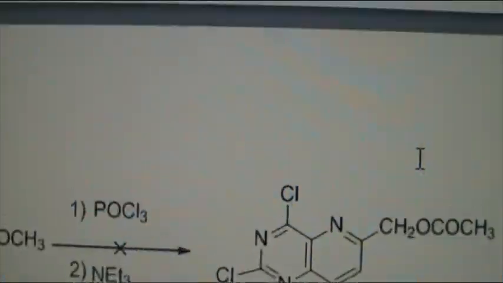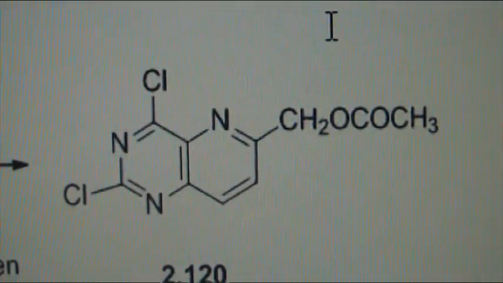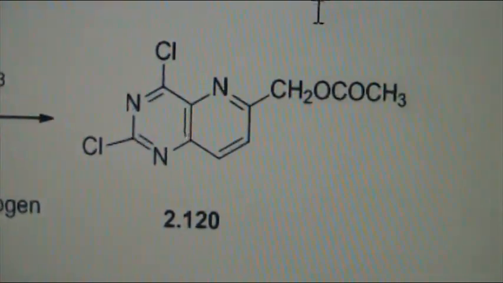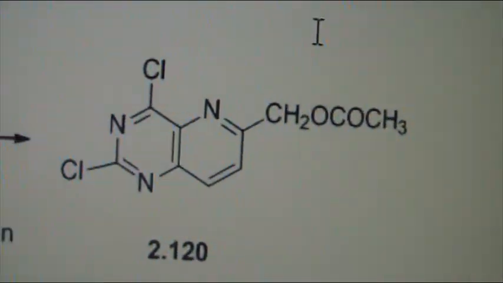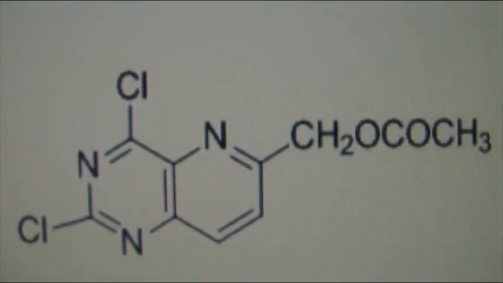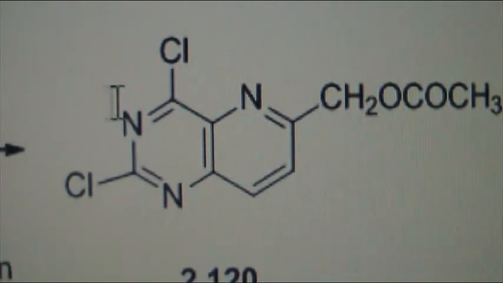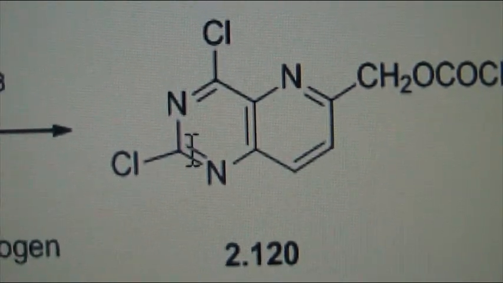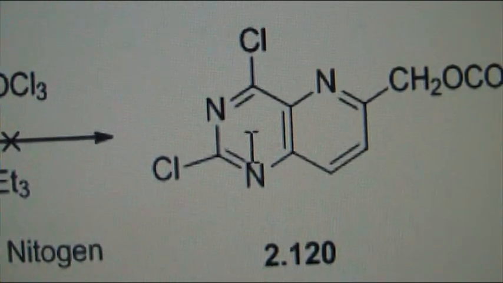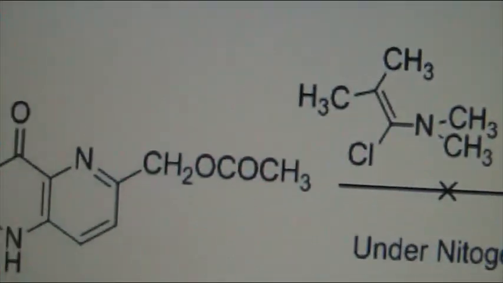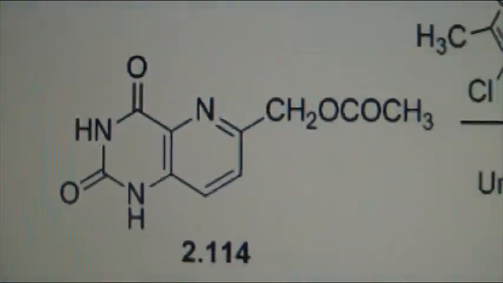But this is what we were supposed to get. You can see here is nitrogen with a double bond, and no oxygen here. No oxygen should be left. This is the chlorination reaction.